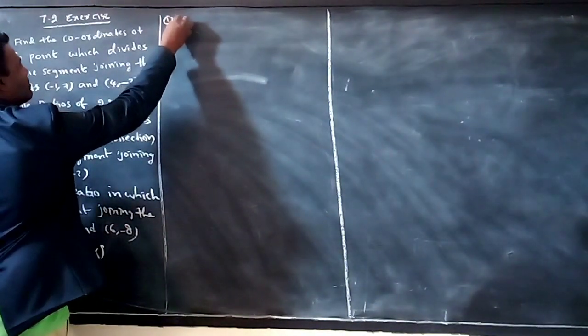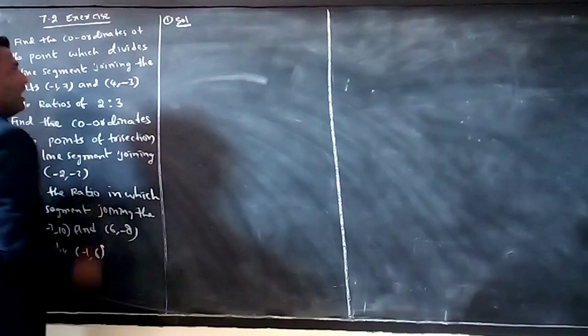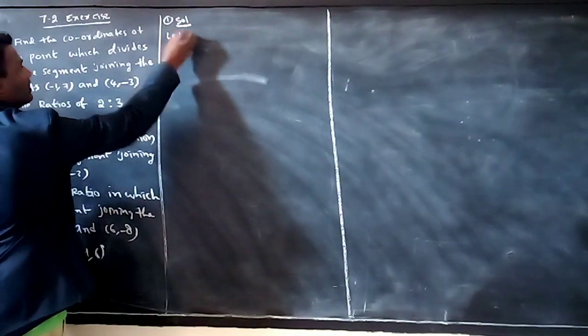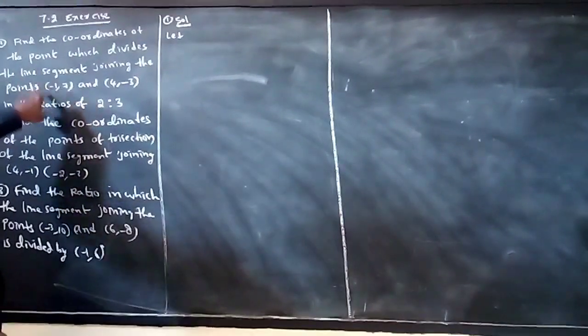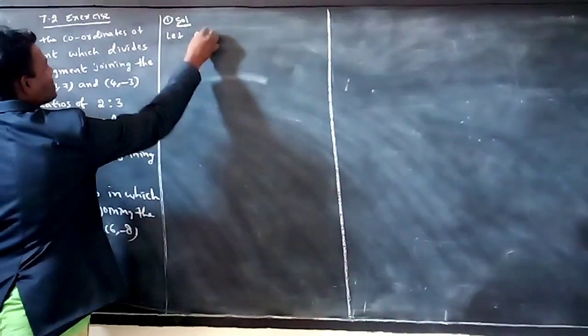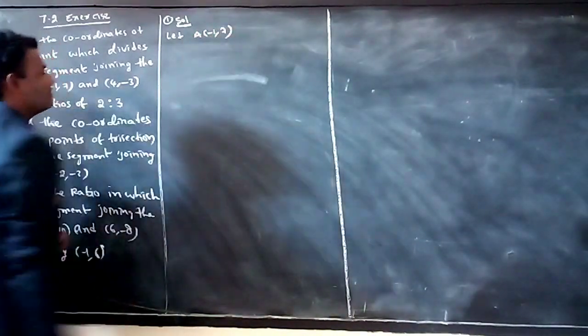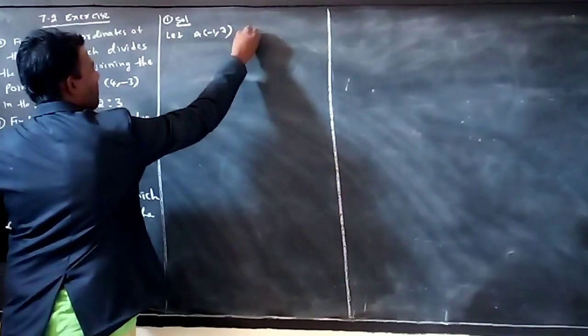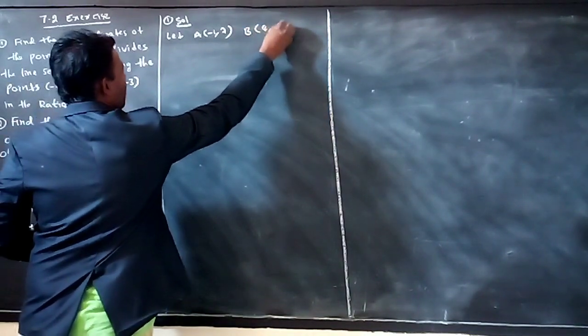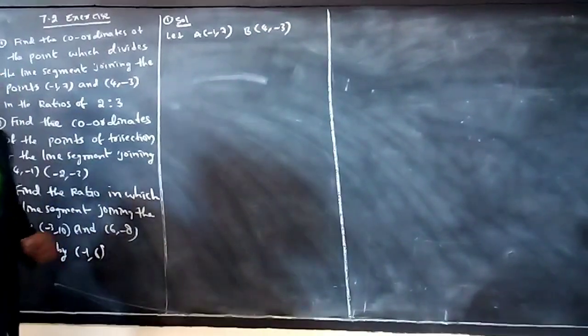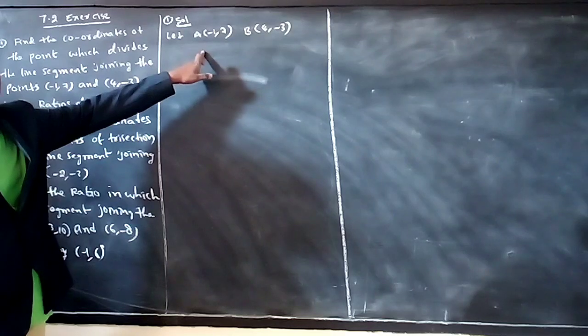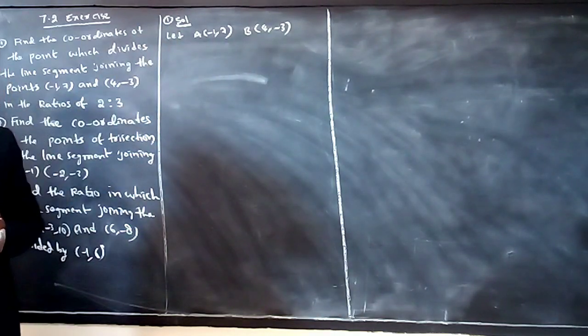Solution. First question solution. Let the two points be A (-1, 7) and B (4, -3).